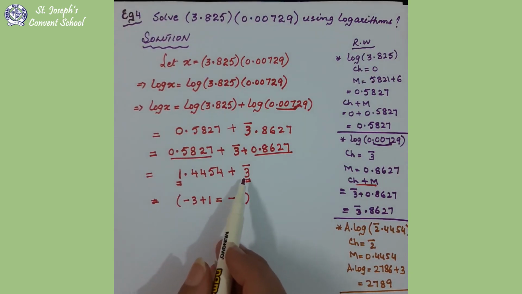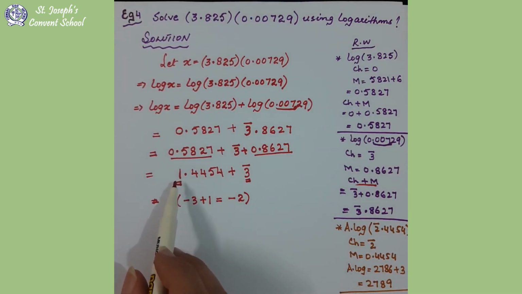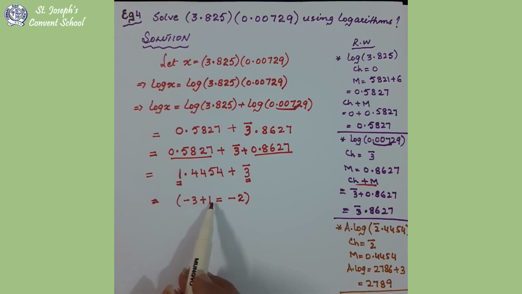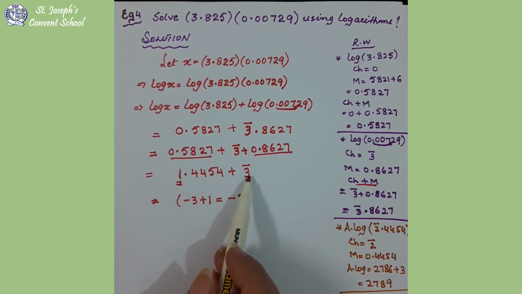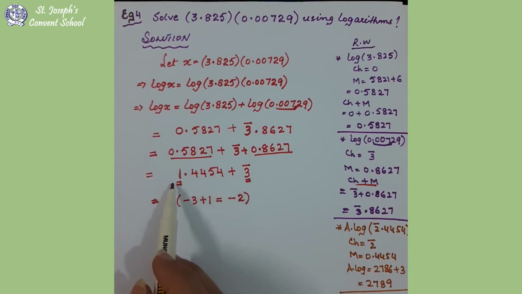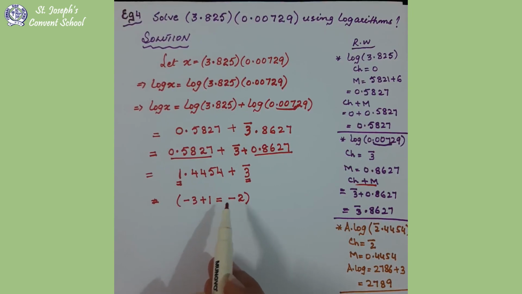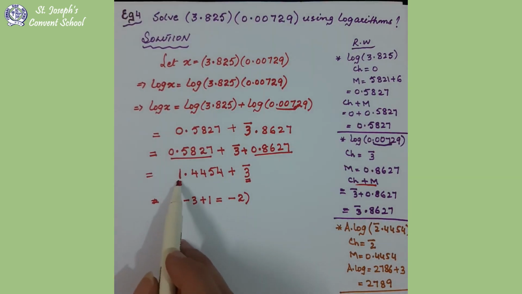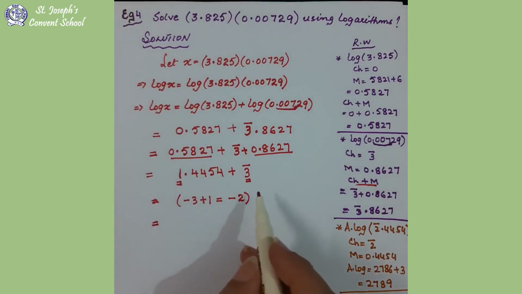So this bar 3 and this 1: minus 3 plus 1. There is a plus sign, so 1 plus bar 3 or bar 3 plus 1. So minus 3 plus 1 will give you minus 2. So minus 2 means it is bar 2.